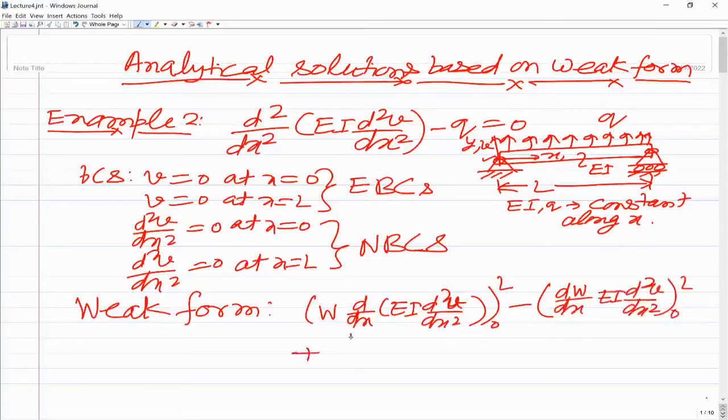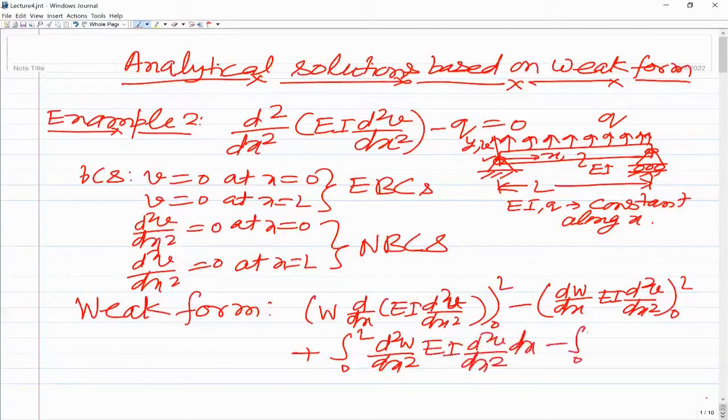Then plus the integral 0 to L of d2w by dx square into EI into d2v by dx square dx, and minus the integral 0 to L of w q dx is equal to 0. So this is the weak form. We have already derived this.